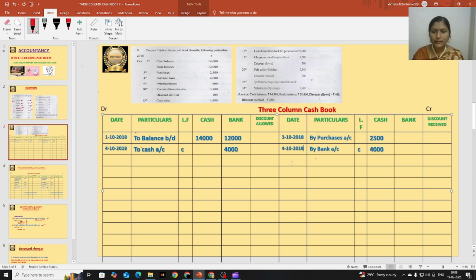Now let us come to this one. That is 6th date, 6-10-2018. In the particulars column we are going to write the item name. What is that? Printing charges. Whenever we record in the 3-column cash book, remember one thing: we will record either the name of the person or the item name.